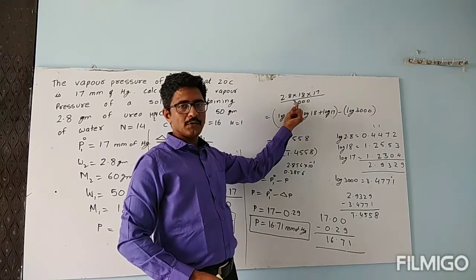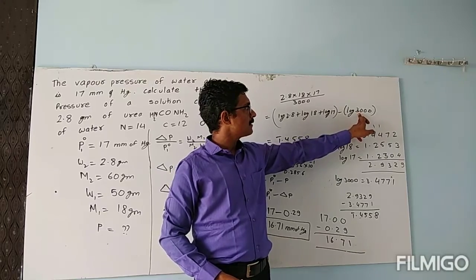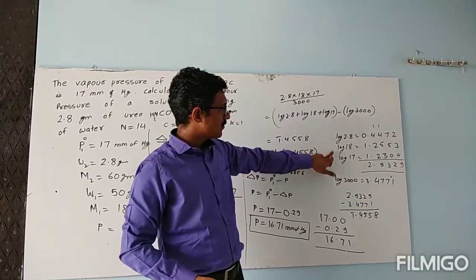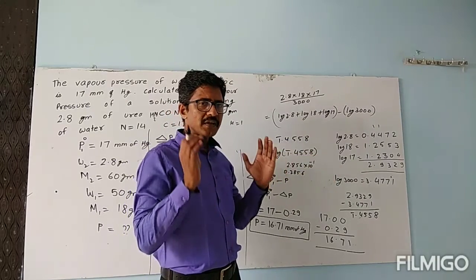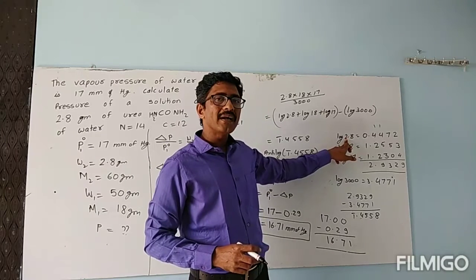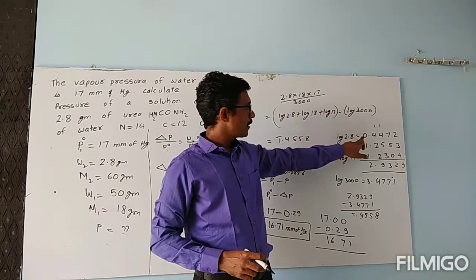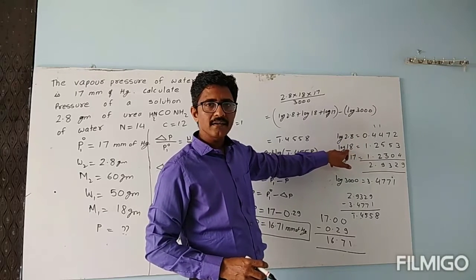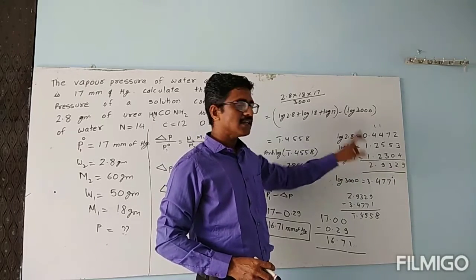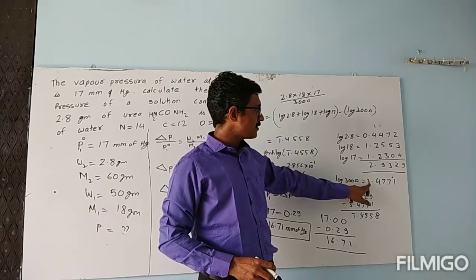Here we have got only one value, so we are taking the log of 3000. Children, when you see the log table, first you see that if before the decimal there is only one digit, its characteristic will be 0. If 2 digits are there, the characteristic is 1. Here, 1, 2, 3, 4, 4 digits, so the characteristic is 3.